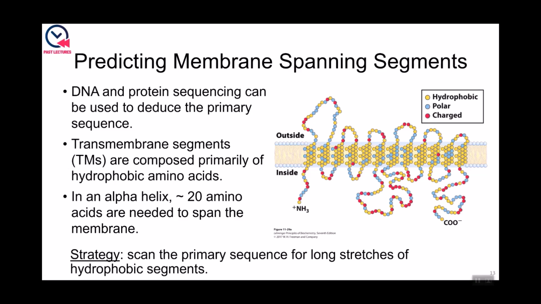So we've already talked about how to classify amino acids, but do need to be a little bit more precise. And we can use the primary sequence to predict whether or not a protein is found in the membrane. If you were to find long stretches of hydrophobic amino acids in the primary sequence that are maybe separated by some polar amino acids, this could correspond to the transmembrane regions that are buried in the membrane, and then any hydrophilic loops that would be on the surface connecting different TMs.